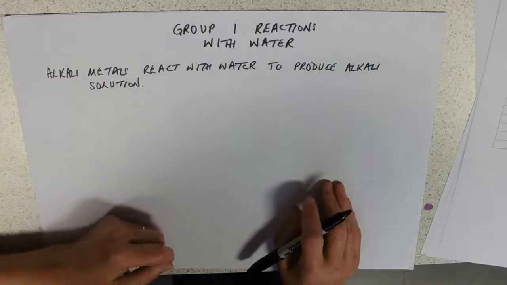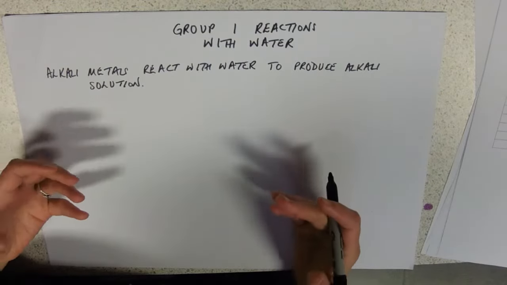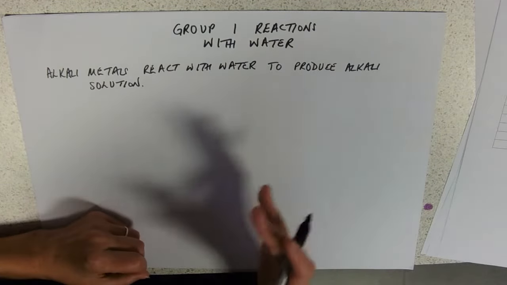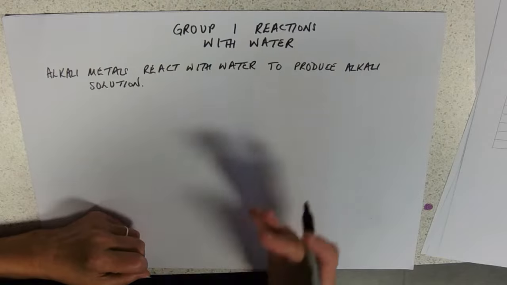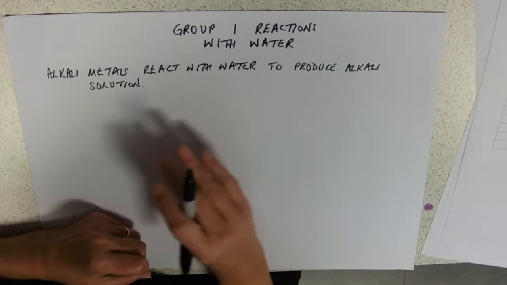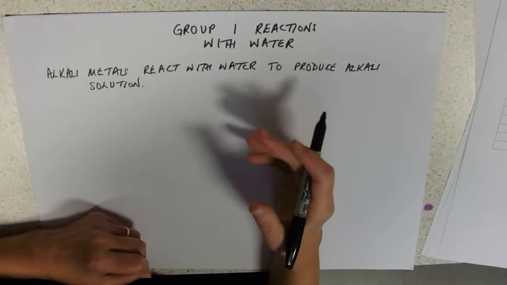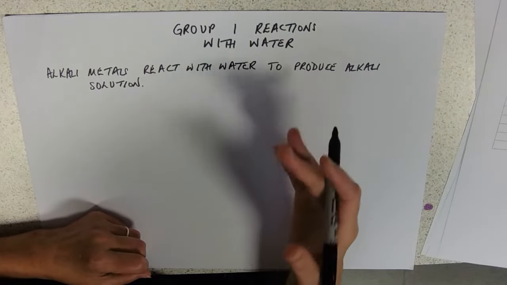Now I think if you're talking about chemical reactions, you then at least need to say what those reactions are. And of course chemistry is all about equations, so giving a nice balanced chemical equation would be lovely too. Now we only need to do them for 2. So I'm going to set out the reactions for lithium and sodium, but feel free to use potassium or rubidium or cesium because the reaction effectively is the same.